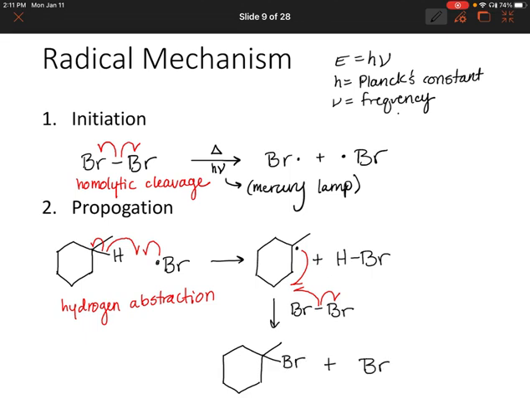So we're left with an alkyl halide. So really we've halogenated an alkane. So our original starting material had only single bonds, so it was an alkane. And through this radical chemistry, we've added a halogen to it. Now you'll notice our other product is a bromine radical, which is what we started with. So this gets regenerated.